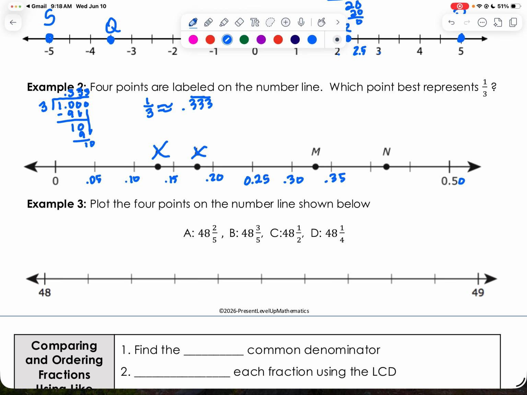So I'm going to stop right there, because 0.333 would have to be bigger than 0.30 and smaller than 0.35. So we know it would be point M. This point here would represent the fraction 1/3.